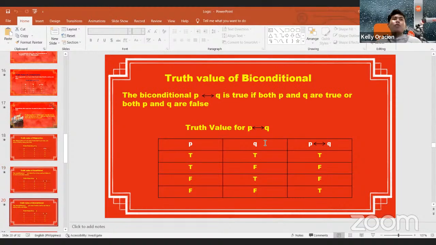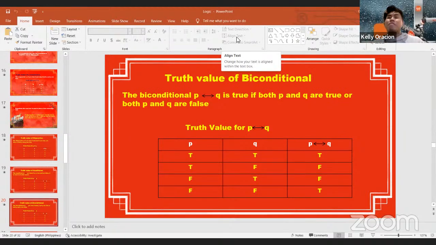The last statement we have here is the biconditional. The whole statement becomes true if both P and Q are true or both P and Q are false. If P is true, Q should be true, so the whole statement is true.